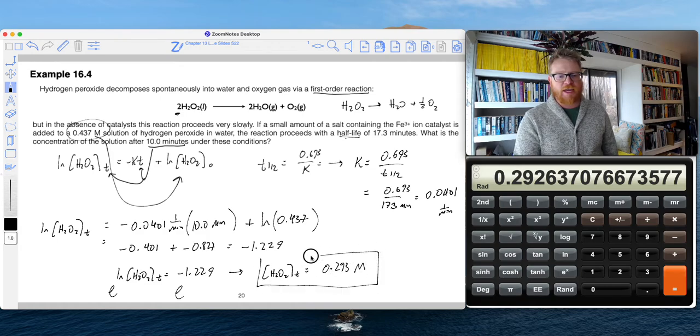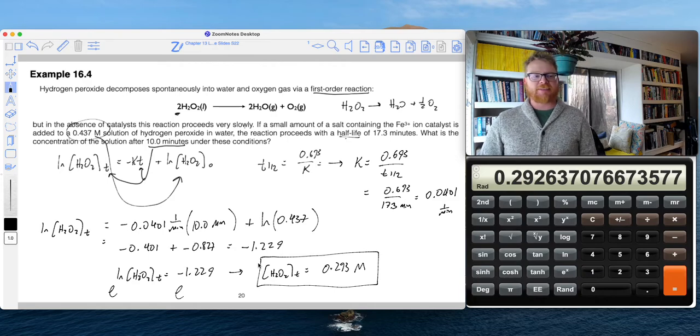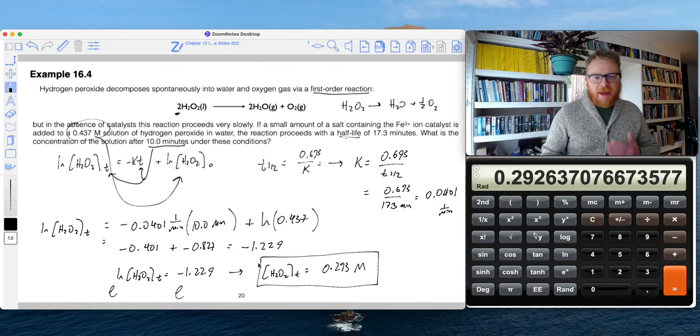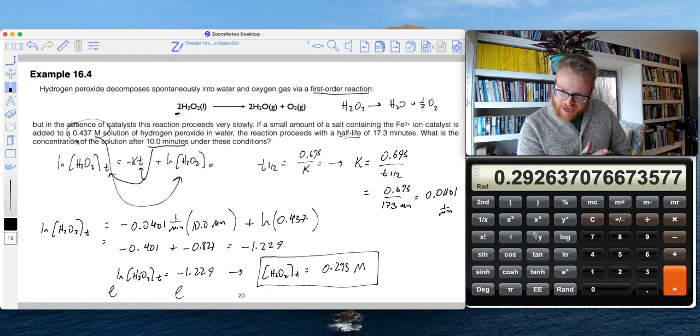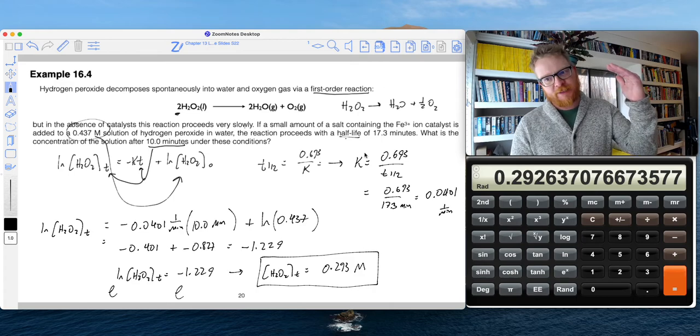And if we want to look at our answer and see if this makes sense, well, we know that if its half-life is 17.3 minutes, then at 17.3 minutes, we should have half of this 0.437 molar, right? But at less than 17.3 minutes, we should have more than half of it left.